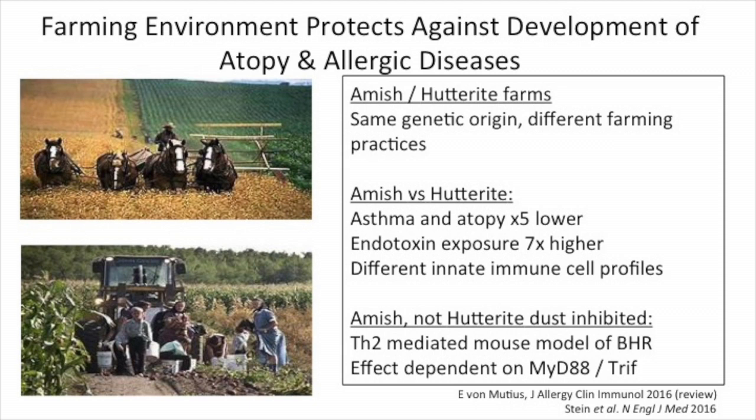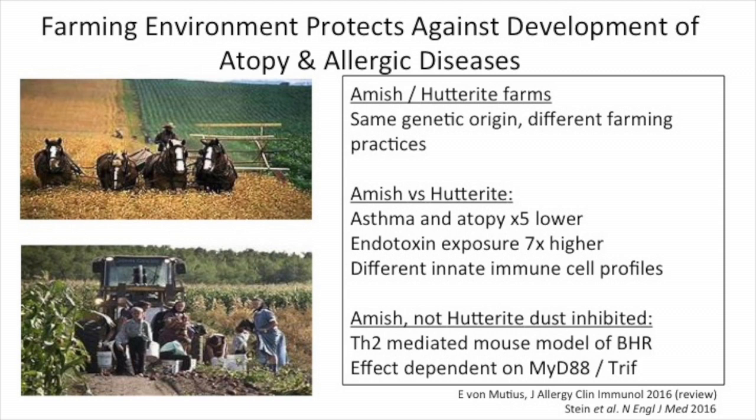They've diverged slightly differently, so there's the same genetic origin, but the Amish have maintained their reliance on using horses for farm transport, whereas the Hutterites are more mechanised. And this means that there are higher levels of endotoxin, of dung and so forth in the Amish farm environment and therefore in Amish homes.